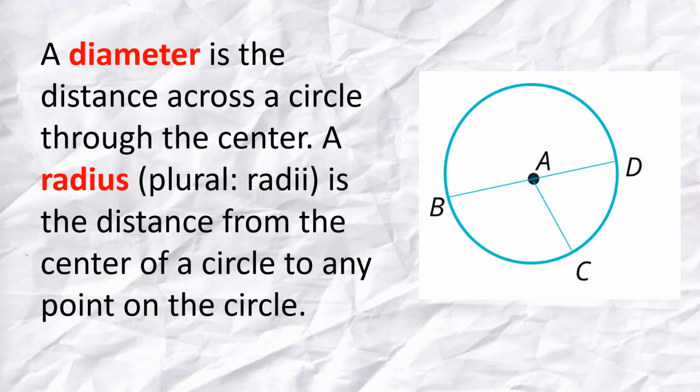A diameter is the distance across a circle through the center, while a radius, plural radii, is the distance from the center of a circle to any point on the circle.